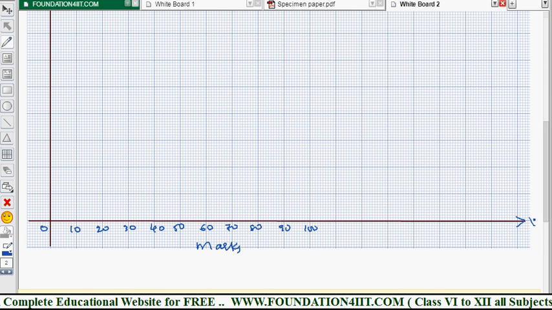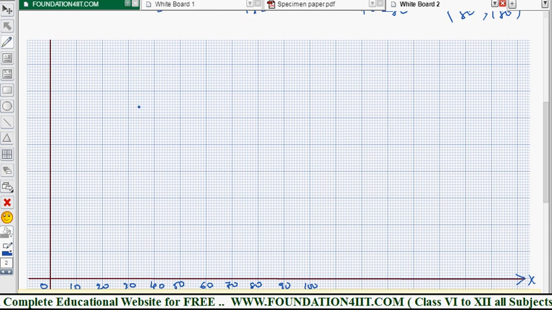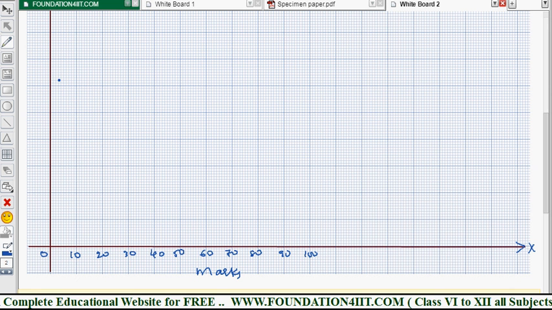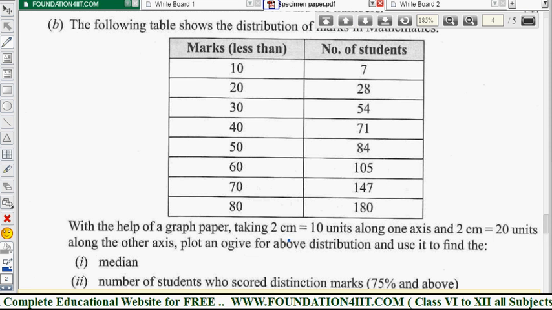Now that is the x-axis. When you come to the y-axis, 1 centimeter is 20 units. So 20, 40, because the last value is 180, and the question mentions it clearly.